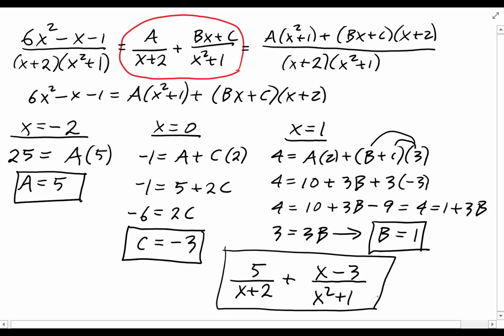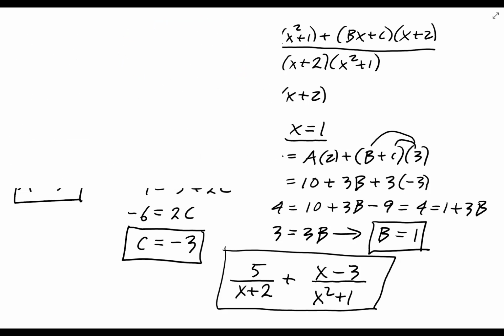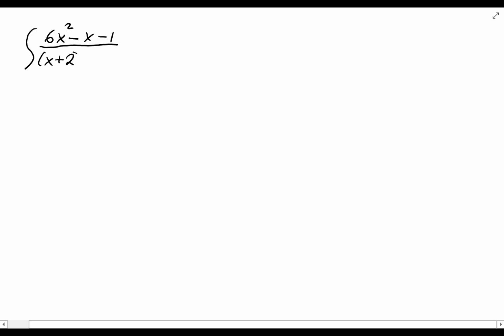Next, we're going to do an integral with this rational expression. Let's take a look at this integral of the rational expression we were looking at previously. 6x squared minus x minus 1 over x plus 2 times x squared plus 1.